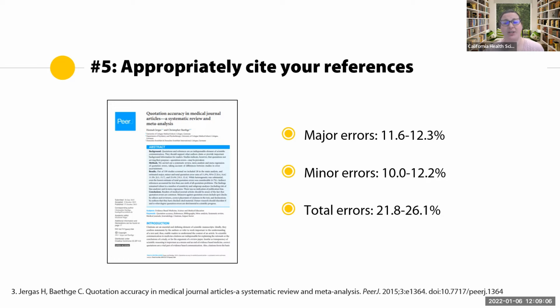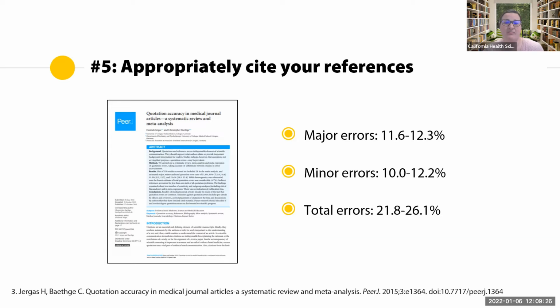They were looking for major errors and minor errors. Major errors, they defined as those that completely don't match what the original authors said or did. Minor errors were maybe a little inconsistent or factual, but they didn't fundamentally alter the meaning of the original source.